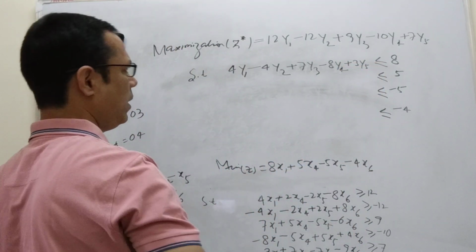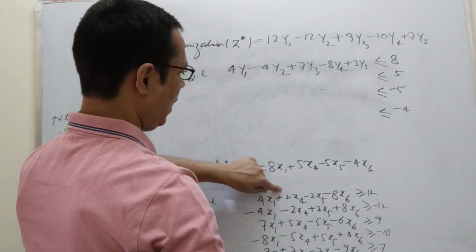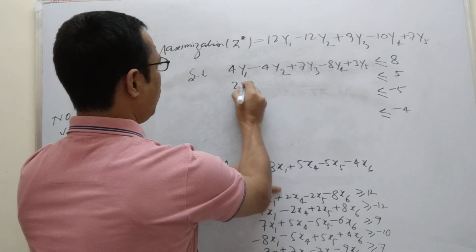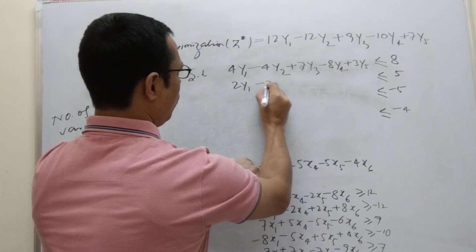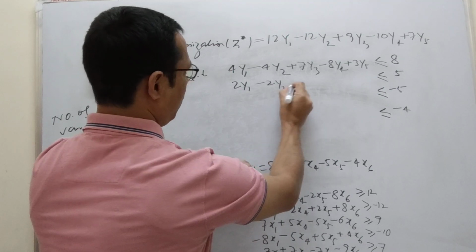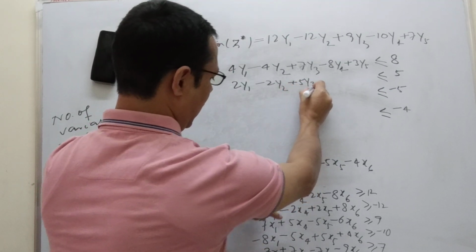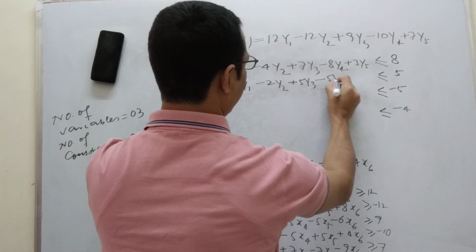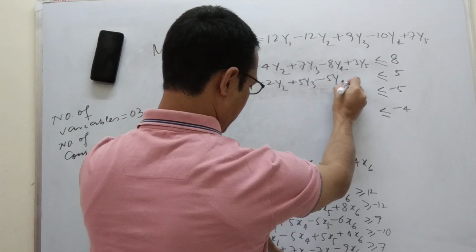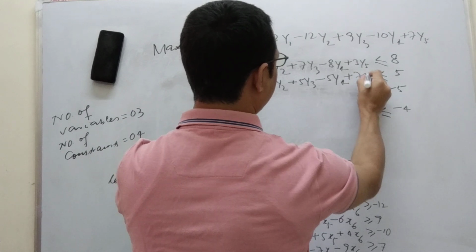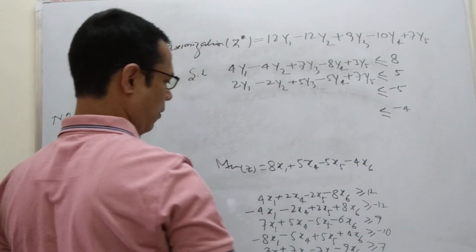This one I have changed in this form. Similarly here you need to start 2y1 minus 2y2 plus 5y3 minus 5y4 plus 7y5. This one I have changed.